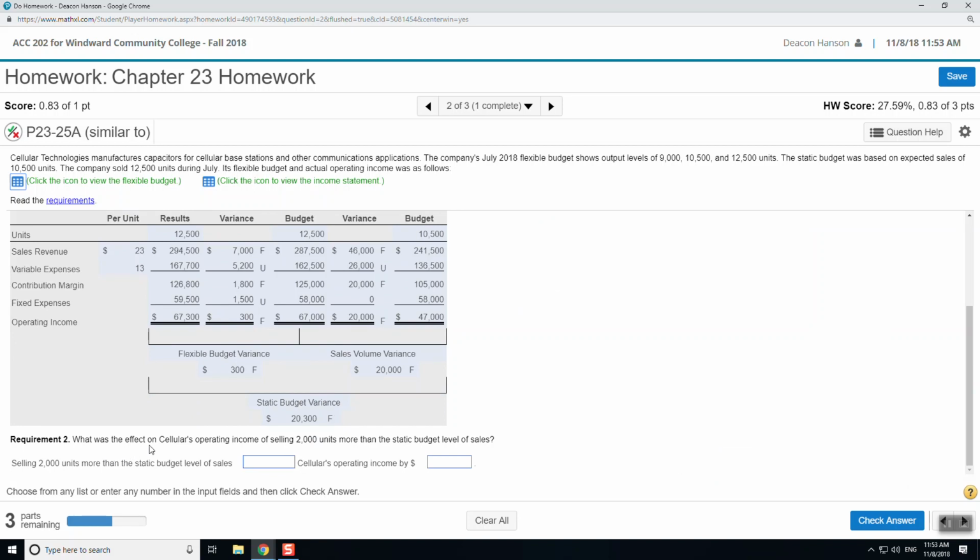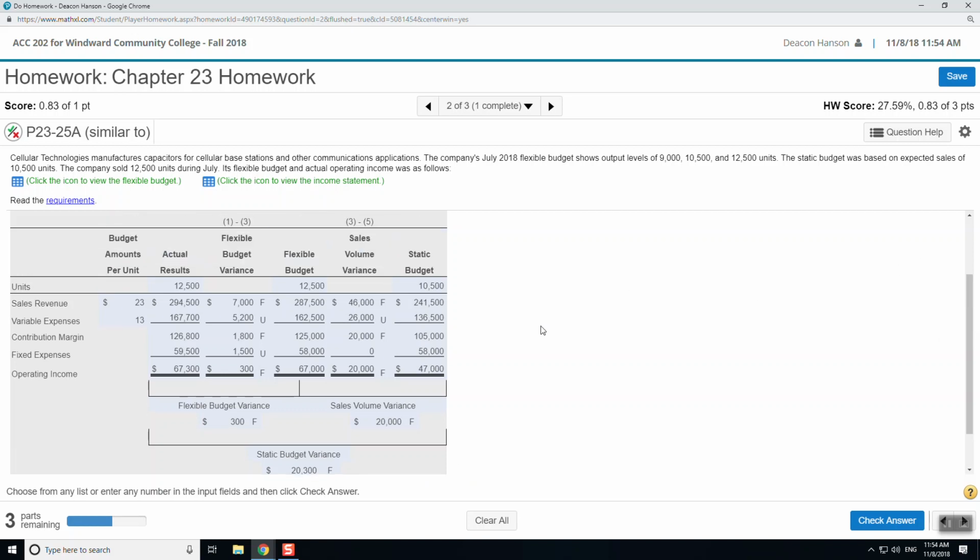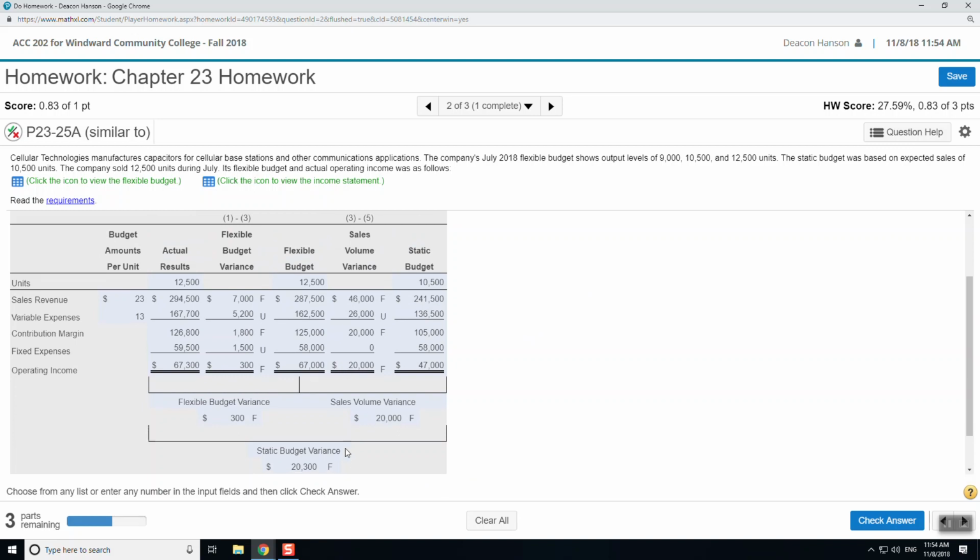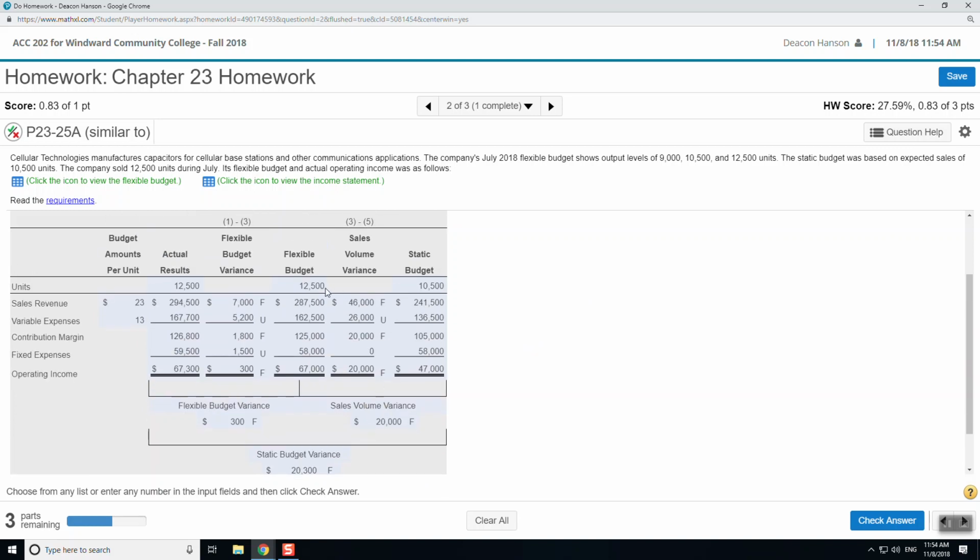What was the effect on Cellular's operating income of selling 2,000 units more than the static budget level of sales? Well, because we sold 2,000 more, it increased by 20,000, because that's the piece of the overall 20,300 that relates to the difference in volume.